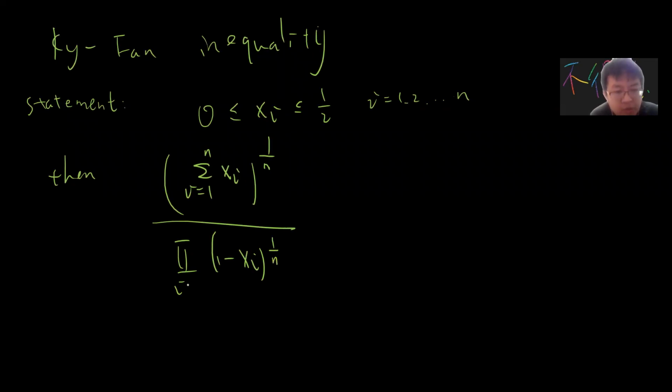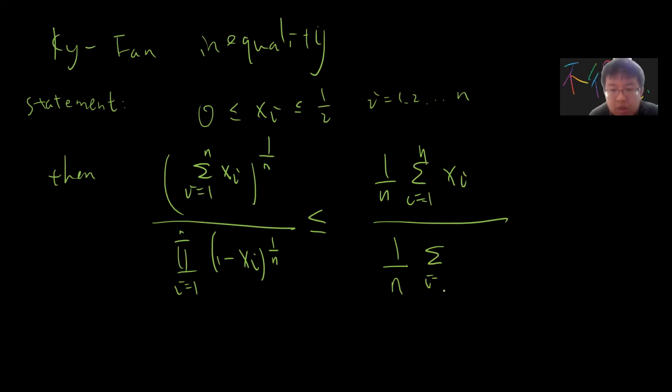So the product over i from 1 to n of x_i, this guy will be less than or equal to this. Okay, so this is the one inequality. I think everyone remembers it.